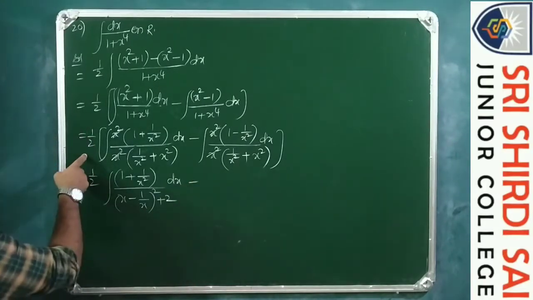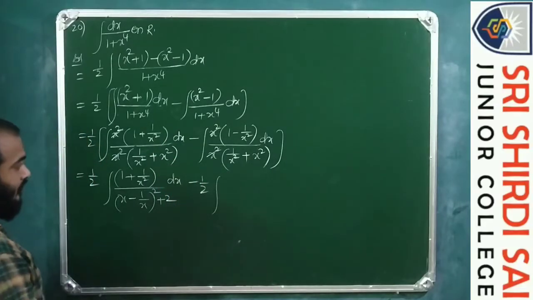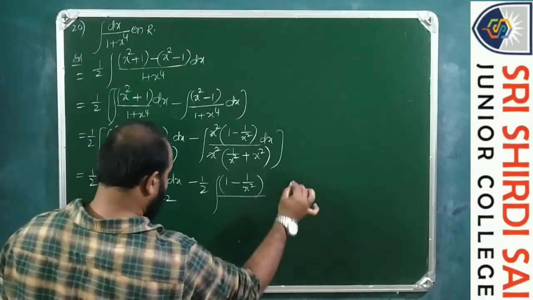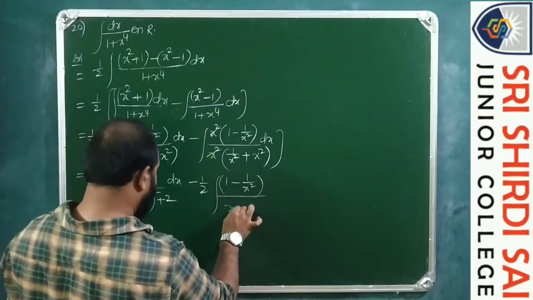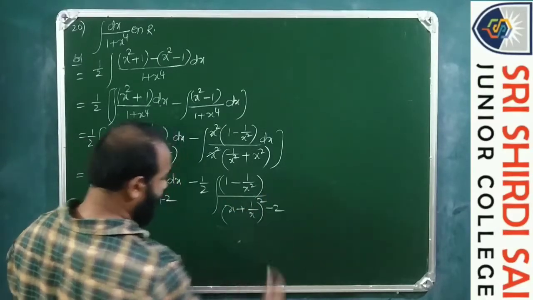Minus, this 1 by 2 will be multiplied with this as well. So 1 by 2 integral 1 minus 1 by x square by x square plus 1 by x square can be written as x plus 1 by x whole square minus 2.